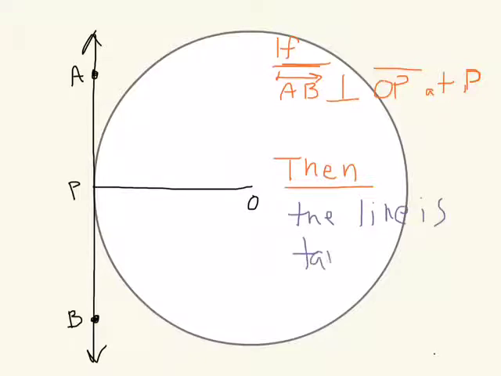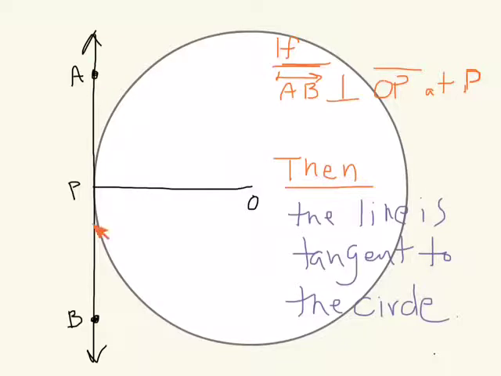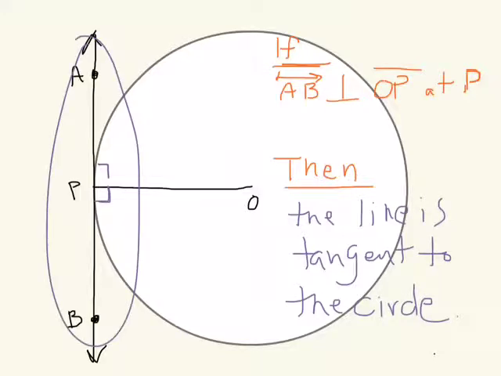This is basically the reverse of what the first one said. So what this said is, if you have a line, and this line is perpendicular to the radius, then this line is a tangent. So it's just working backwards.